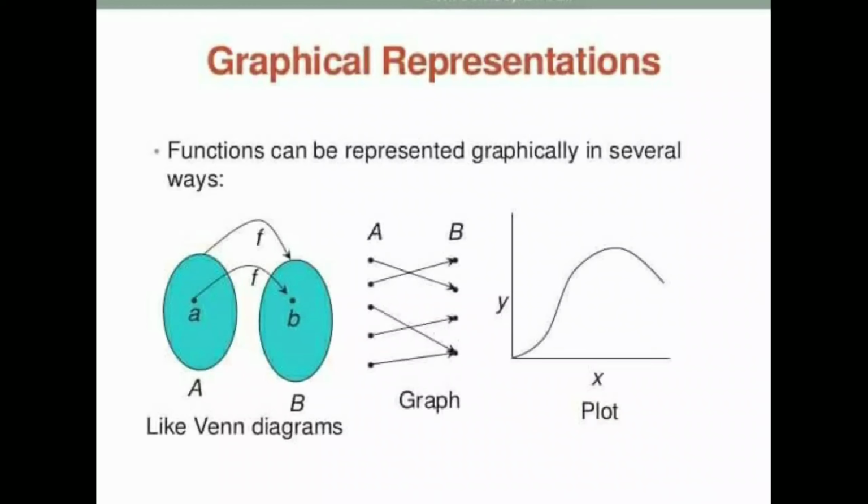By graph you can understand that for each element in the domain we get exactly one element in the codomain. Okay, so all of you remember the graphical representation, learn the definition, and visualize this.